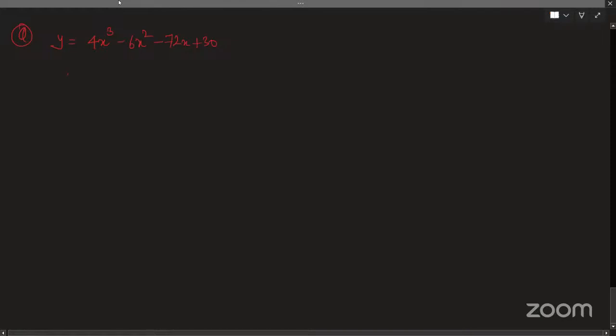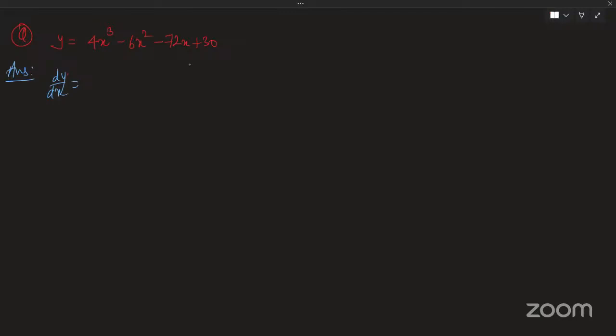So now y is given to you as 4x cube minus 6x square minus 72x plus 30. And it is again asking you the intervals in which this function is increasing and in which it is decreasing. So the value of dy by dx is what? 12x square minus 12x minus 72 plus 0.